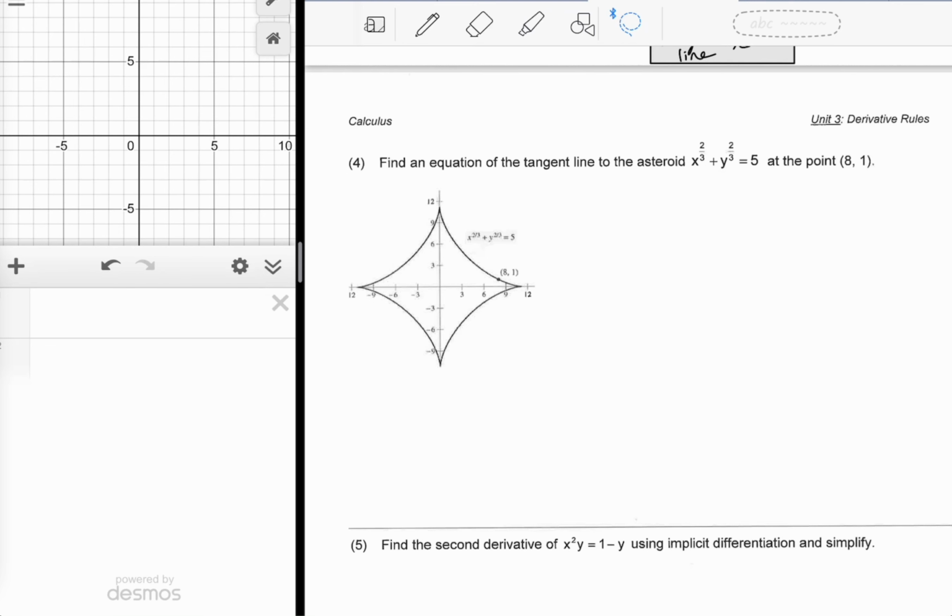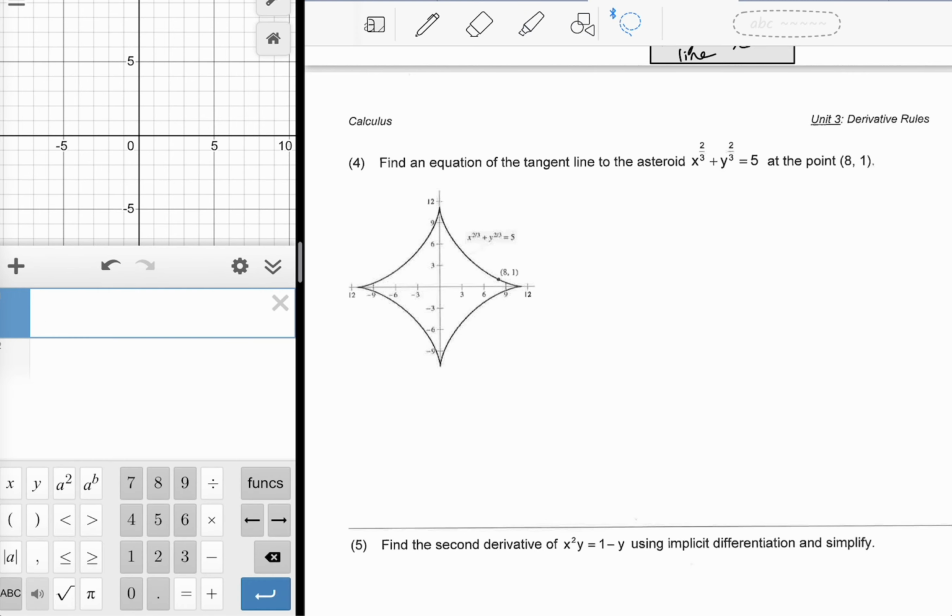X to the 2/3 plus y to the 2/3 equals 5 to the 0.81. Right, so we could graph it easily on Desmos. The graph's already provided for you, but if you want a fully functional graph, you can pop it in there.